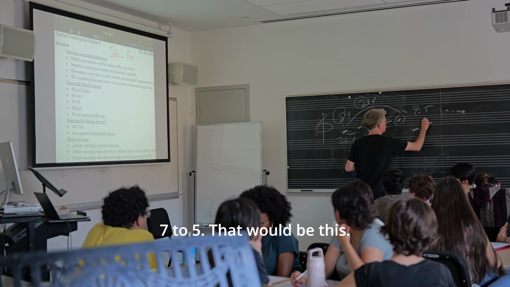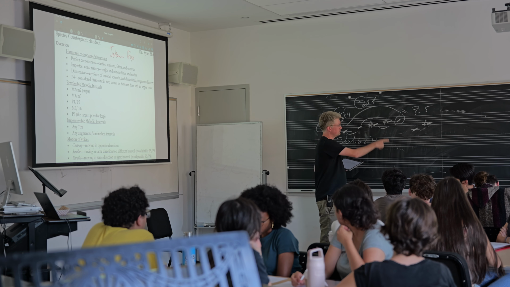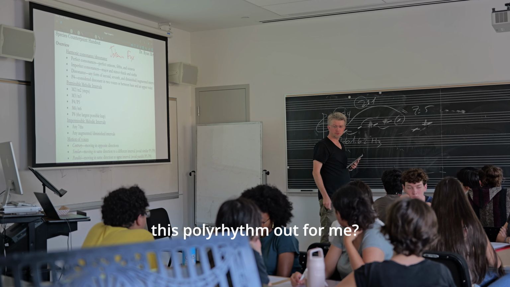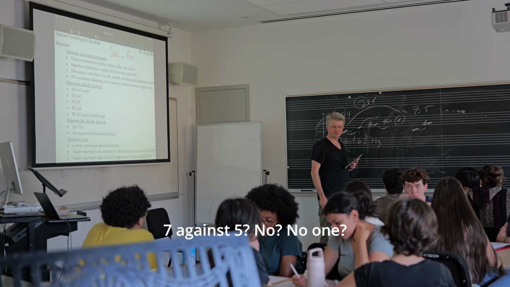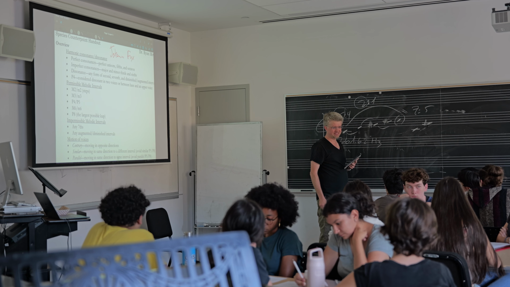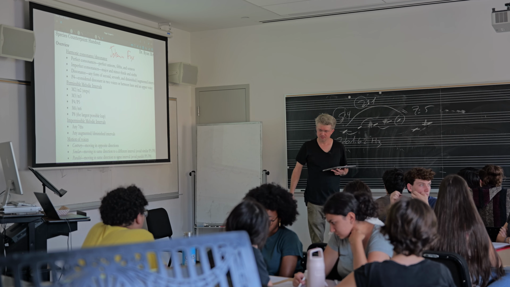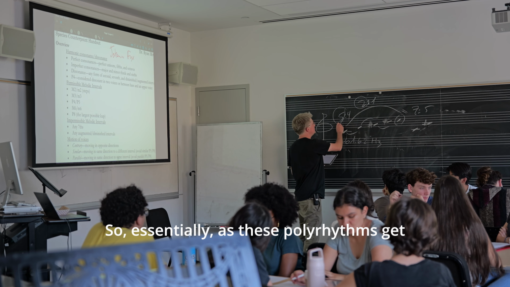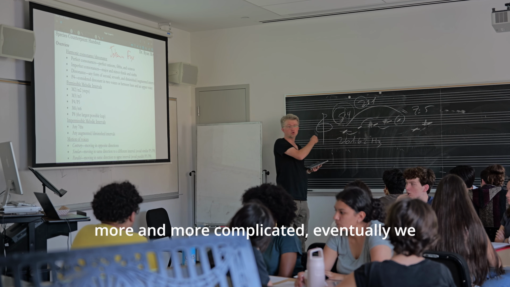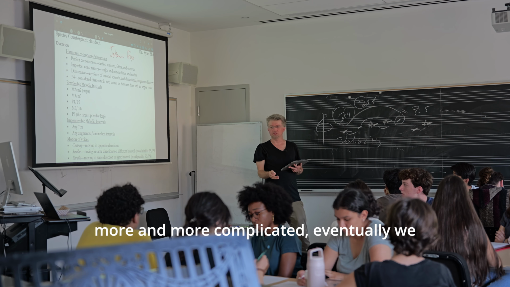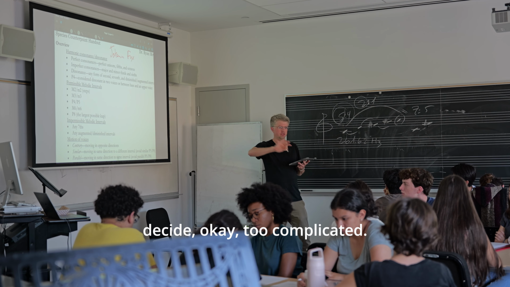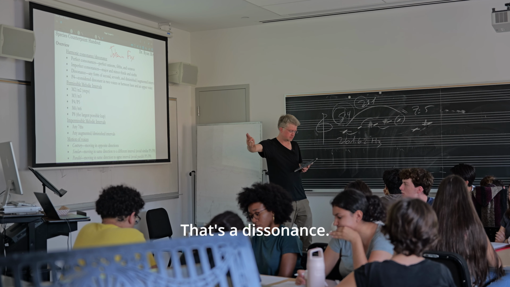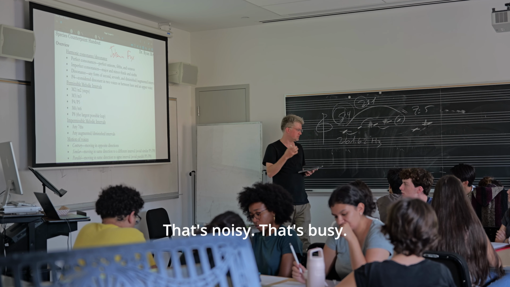That would be this. Anyone want to clap this polyrhythm out for me? 7 against 5? No one? Dissonance. So as these polyrhythms get more and more complicated, eventually we decide, okay, too complicated. That's a dissonance. That's noisy, that's busy.